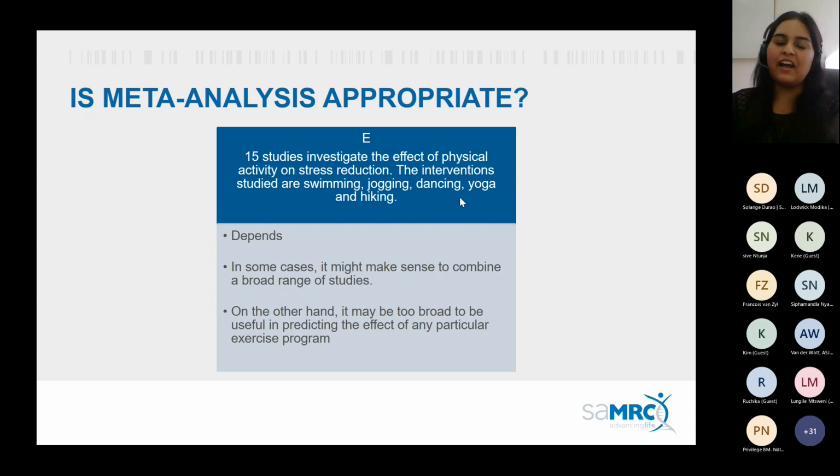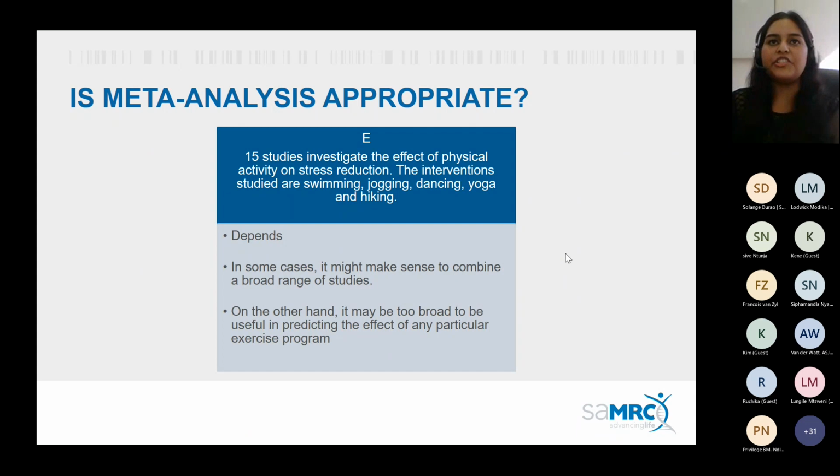Okay, well, half right. So it does depend. In some cases, it might make sense to combine a broad range of studies. For example, if your objective is to investigate the impact of exercise versus no exercise, then you might be happy to include many different kinds of exercise programs, and you would get a broad answer of the effectiveness. On the other hand, it may be too broad to be useful.